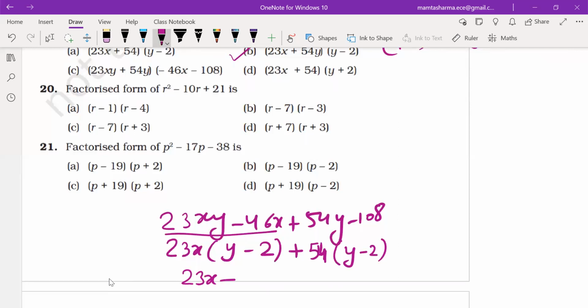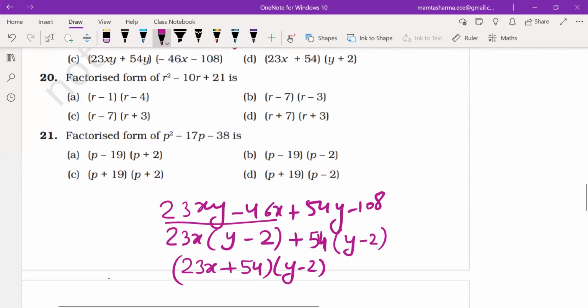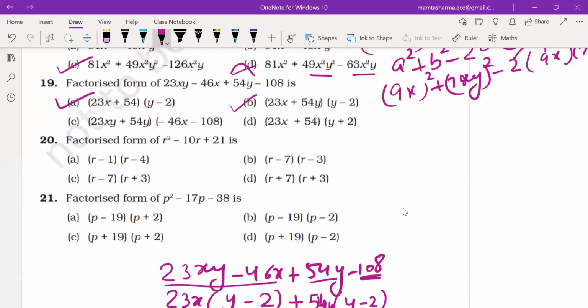You took 54y, so y will not come common because in 108 there is no y. Only 54 would get common. The rest, y, will be left out and 2 will be left out. Now you can again take y minus 2 as common, and you will be left with 23x plus 54y. So the first is correct.